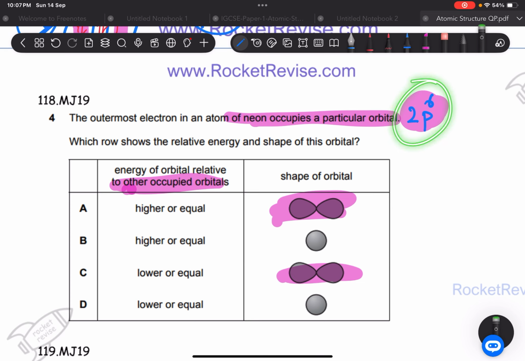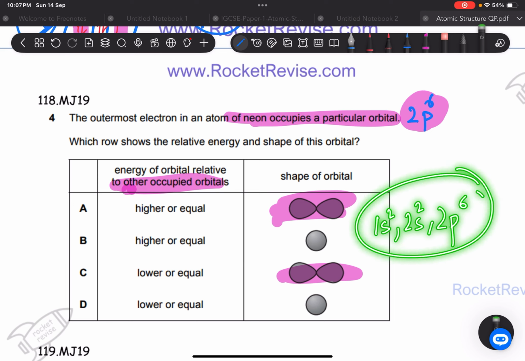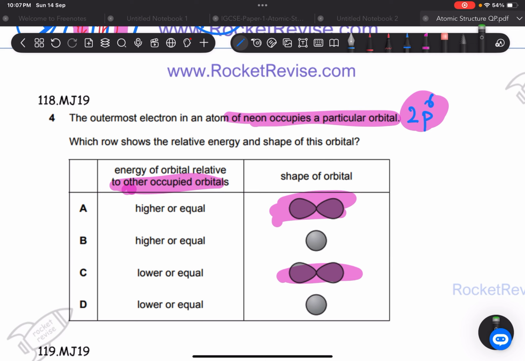If I write for neon, it's going to be 1s2, 2s2, and then 2p6. So that's neon, and this is the last subshell. So it's going to have the highest energy. Compared to others, it's going to have higher or equal. So it's going to be option A.